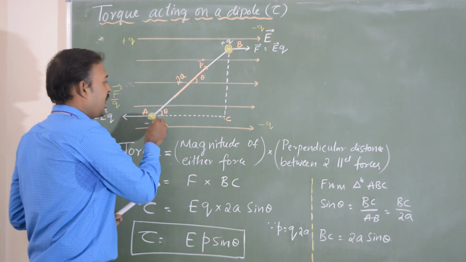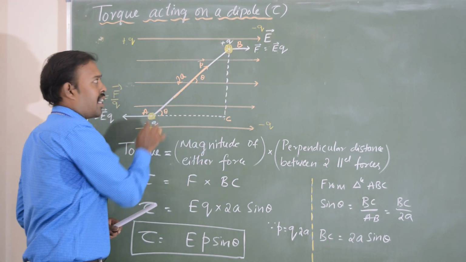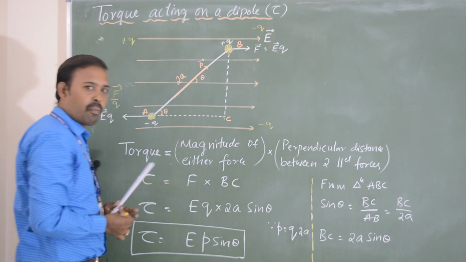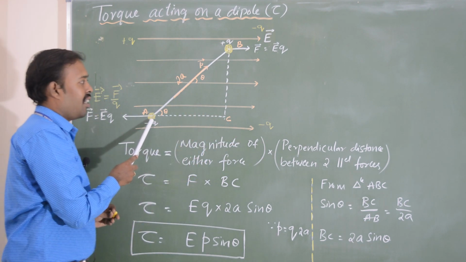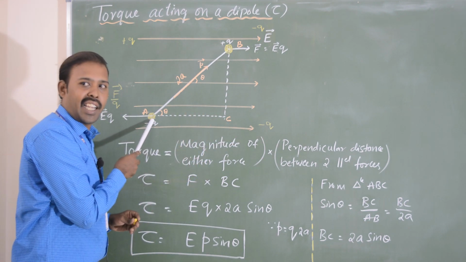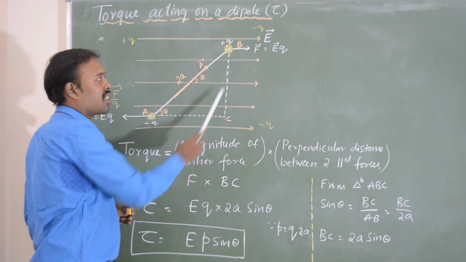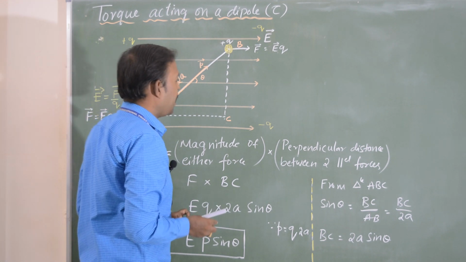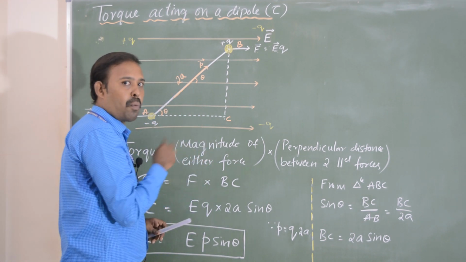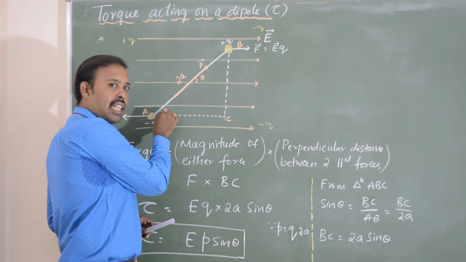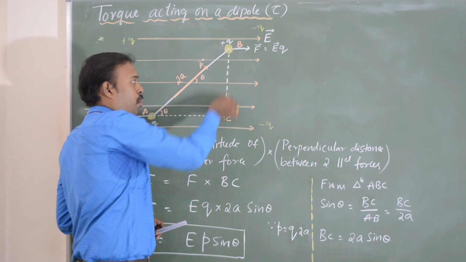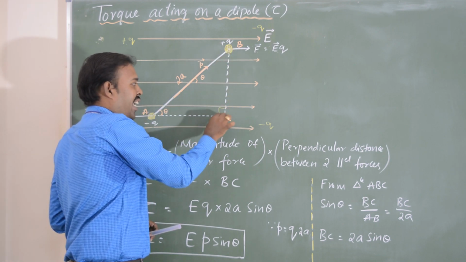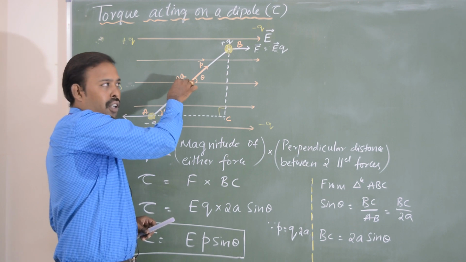Now, I have a triangle here, that is A, B and C. Using this triangle, I will see what sin theta is. What is sin theta from this diagram? Sin theta is opposite side by hypotenuse. So this is theta, opposite to this is the opposite side, and this is 90 degrees, opposite to this is the hypotenuse.